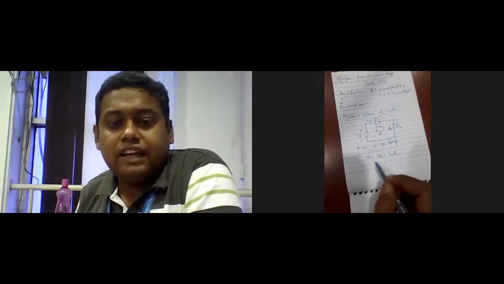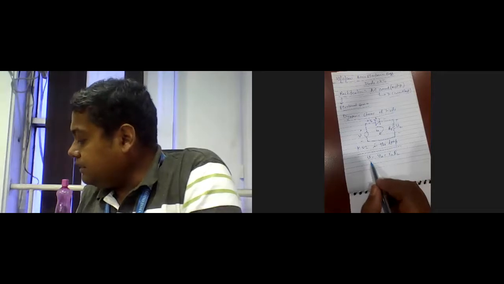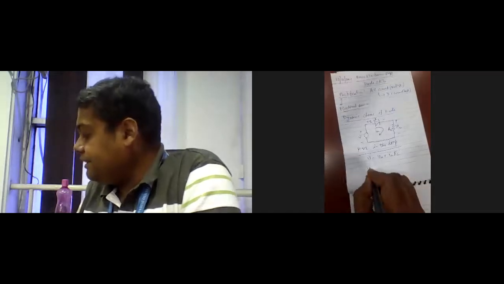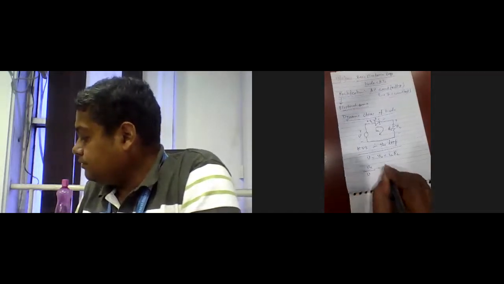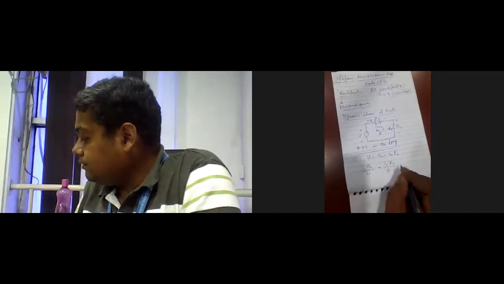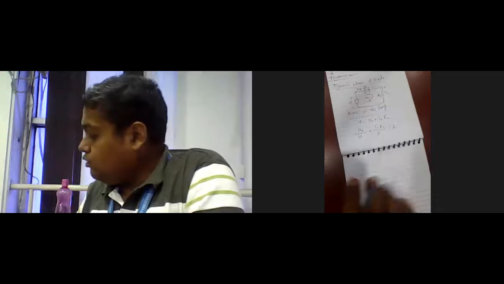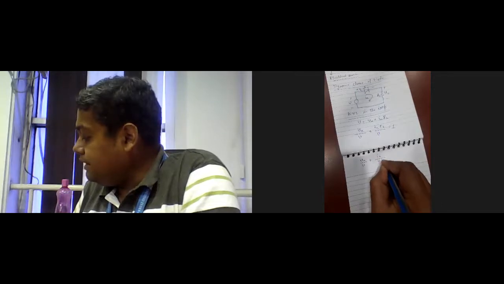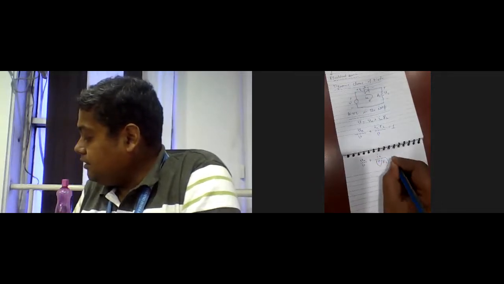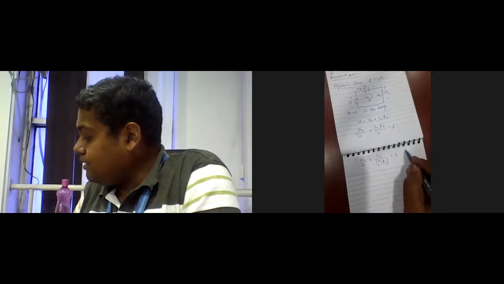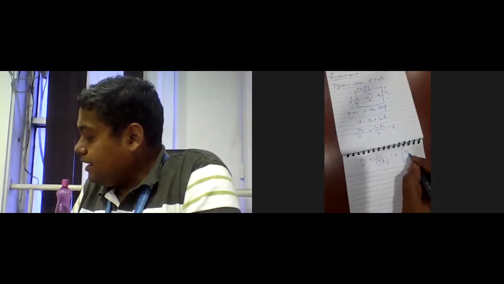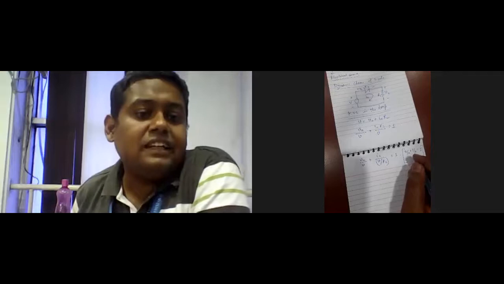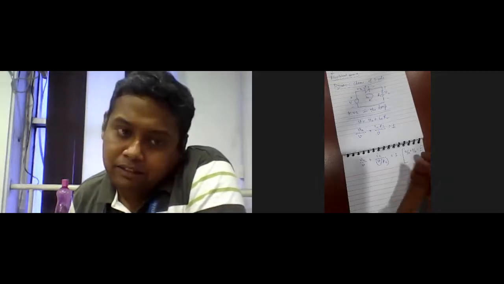If we rearrange this straight line equation in the intercept form, then we can write VA by V plus IA divided by V by RL is equal to 1. It is the form of a straight line, X by A plus Y by B equal to 1, where A and B are the intercepts on the x-axis and y-axis respectively.